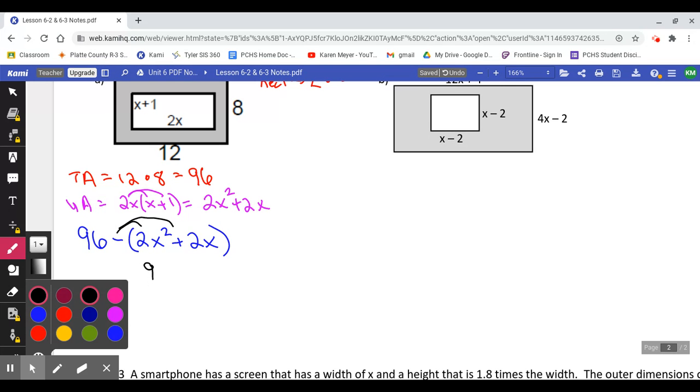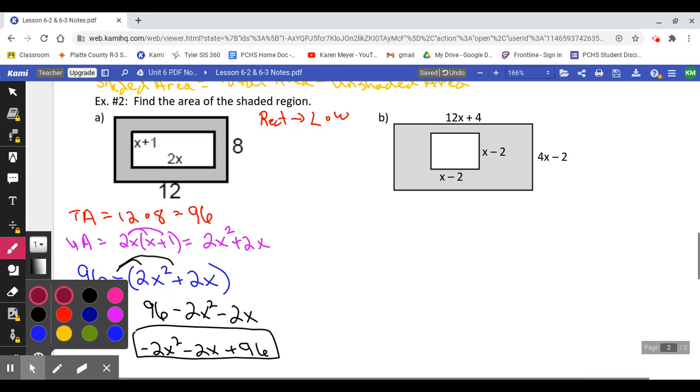So we're looking at 96 minus 2x squared minus 2x. And then we like to have the answer written in standard form, so highest exponent to no exponents. So negative 2x squared minus 2x plus 96 is our final answer.